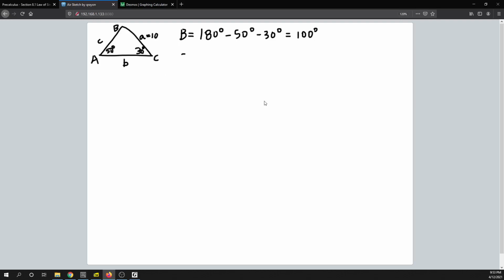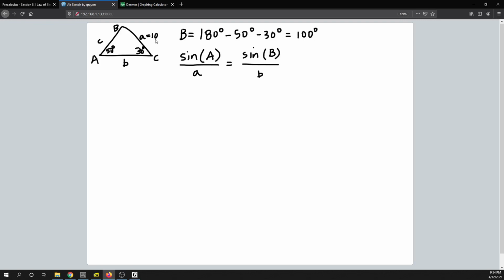All right, so I'm going to start with the angle A, right, since I know it's 50 degrees, and I also know the side opposite, it is 10, right? So I know that the sine A over a is going to be equal to sine B over b, like so.